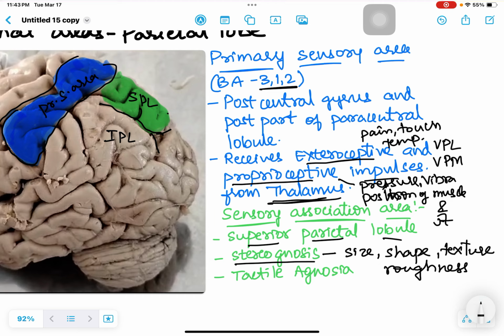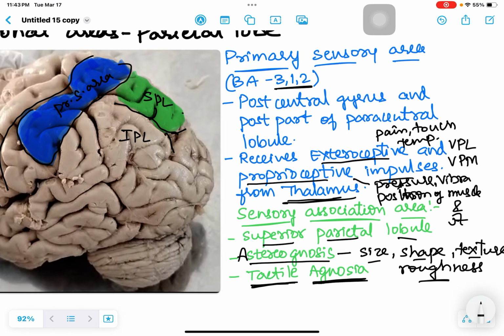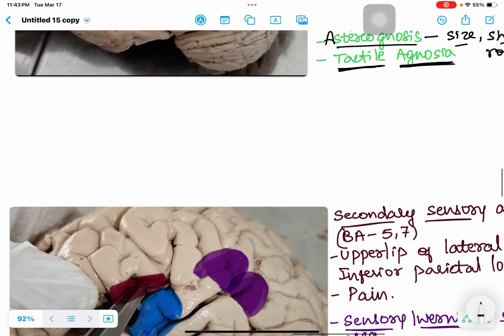When this area is damaged, it leads to astereognosis, that is loss of ability to judge the size, shape, texture and roughness of the object. It is also called tactile agnosia. Agnosia means loss of sensation. So this is about the sensory association area.